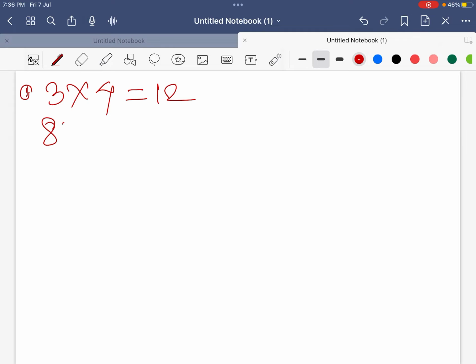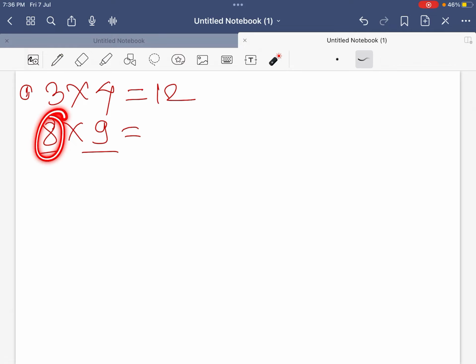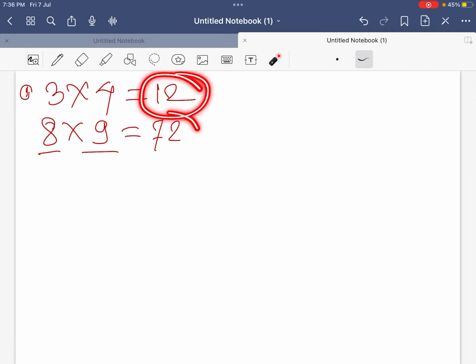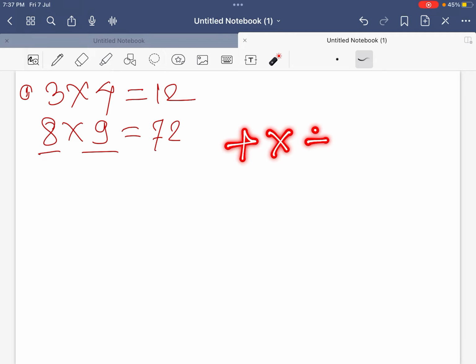Take example 8 and 9. Both are positive numbers, so your answer is also positive. So 8 9s are 72, and we have to keep in mind that both the numbers are positive. The condition is that the first number is positive, the second number is also positive, then the answer is also positive. Clear?